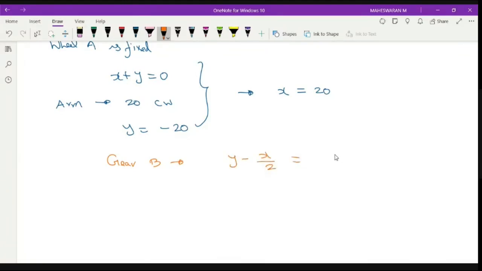So y is minus 20, x is 20, so minus 20 minus 20 by 2 gives minus 30. So I can write that gear B makes 30 revolutions clockwise.